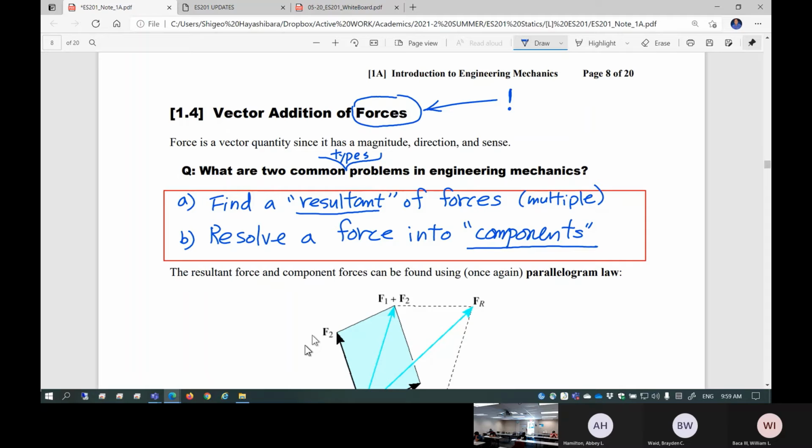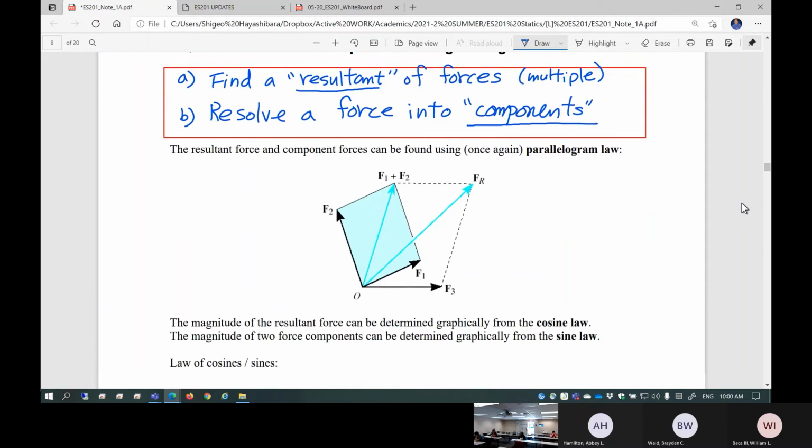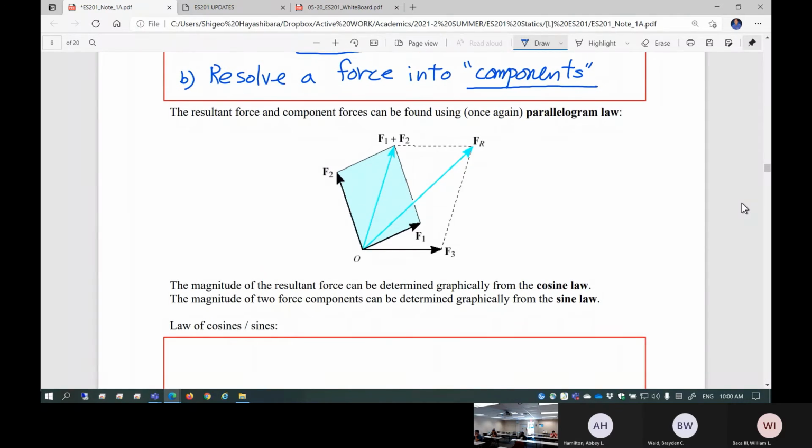Okay? So those are the two different types of problems you're going to encounter probably in section 1A. So let's take a look at an example here.